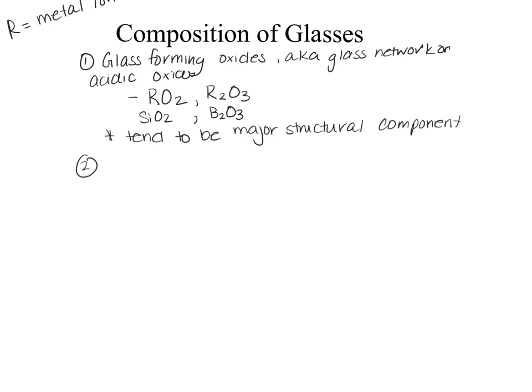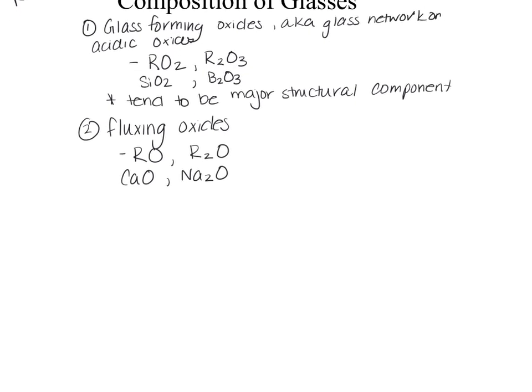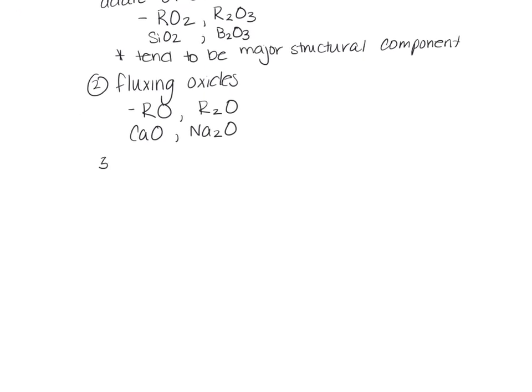Then the second type are the fluxing oxides. And these are things that have the formula RO or R2O. They would be like calcium oxide or sodium oxide. The third type are stabilizing oxides.